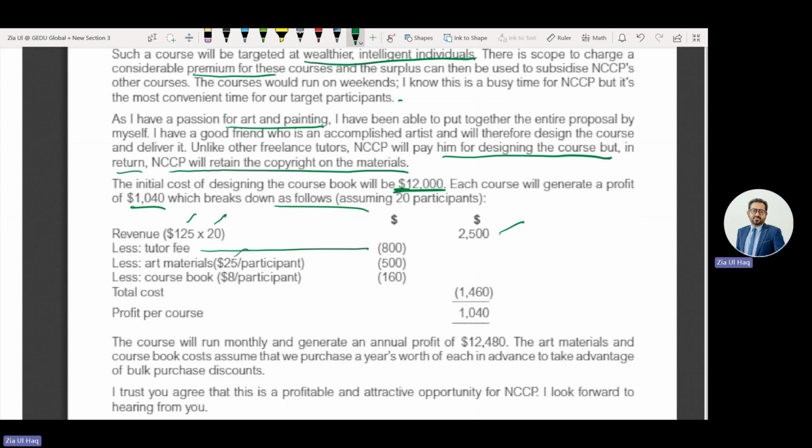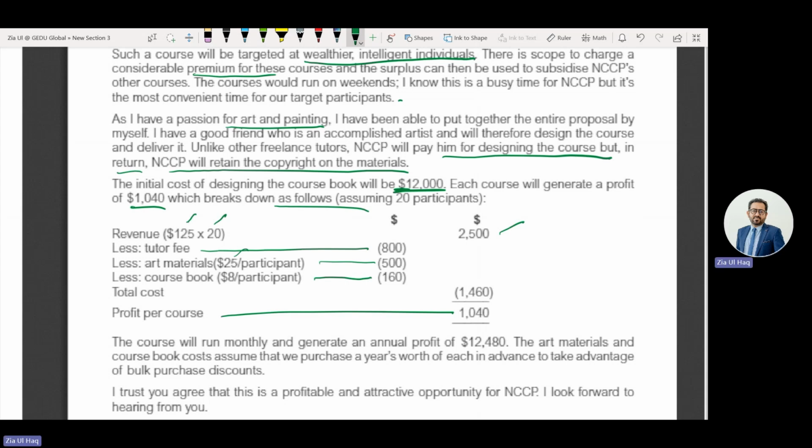Art material 25 per participant, and there are 20 participants, so that will be 500. Less course book 8 per participant, 20 participants, 160. So total cost will be 1460, and profit per course will be 1040. If the company runs a course for 20 students, the profit will be 1040.